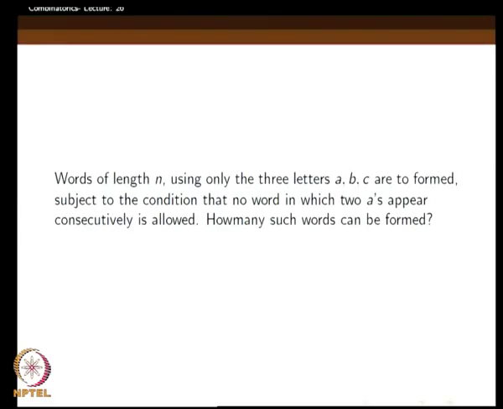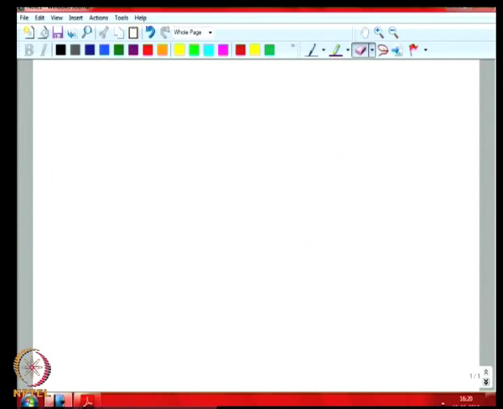In the last class we were discussing linear homogeneous recurrence relations with constant coefficients and order k.